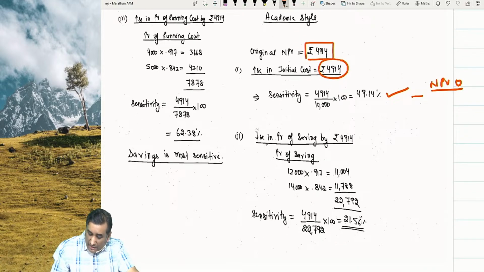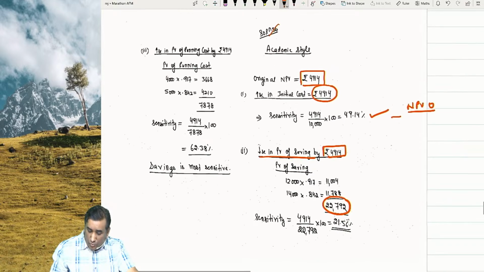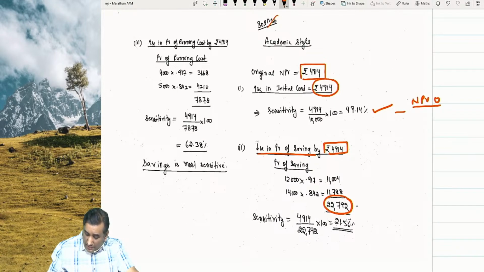Second case, decrease in present value of saving is 4914 out of total 22,792. That means if I change my present value of saving by 21.56 percent, my NPV will become 0.